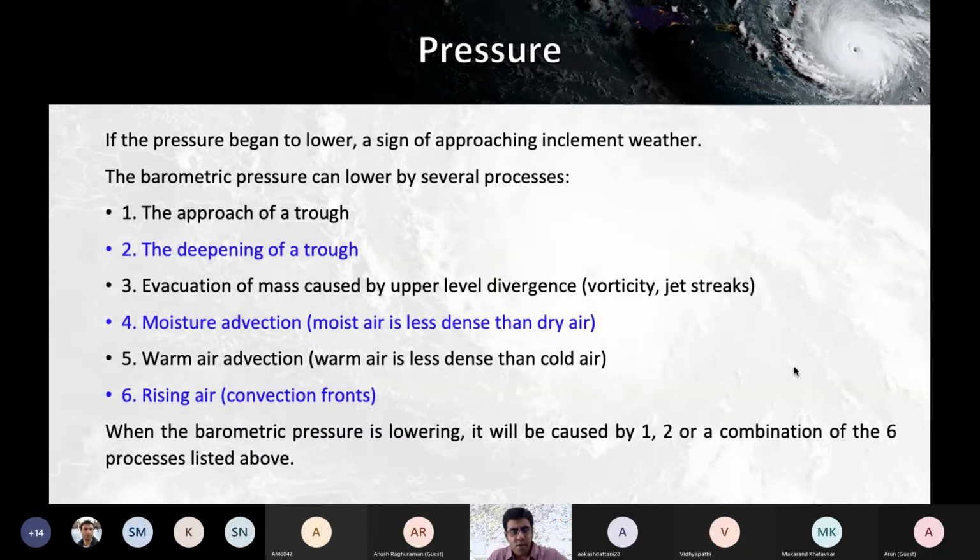Warm air advection is the same as moist air. When warm air from one place moves to another place, the pressure can decrease. Rising air is again related to warm air, because warm air rises up. So these are the 6 ways by which a pressure can drop. We are always on the lookout for one of these 6 mechanisms to find out whether the pressure has become lower or not.